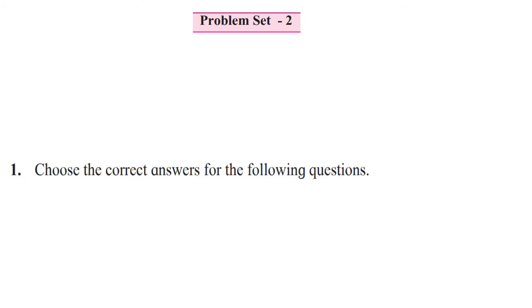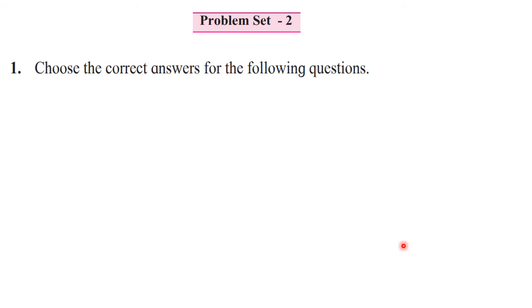I am going to discuss only the different questions or the challenging questions and the word problems from the problem set. So now first question always in problem set is MCQ based. You know that our question number 1A is MCQ type, where you have to write down the correct alphabet of the correct option.